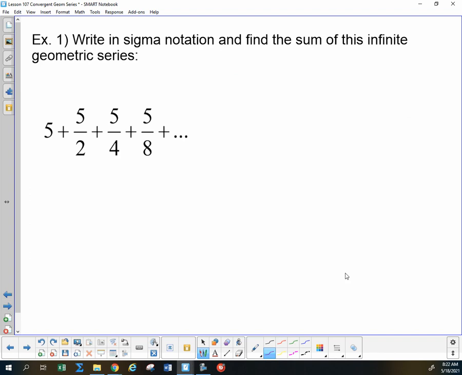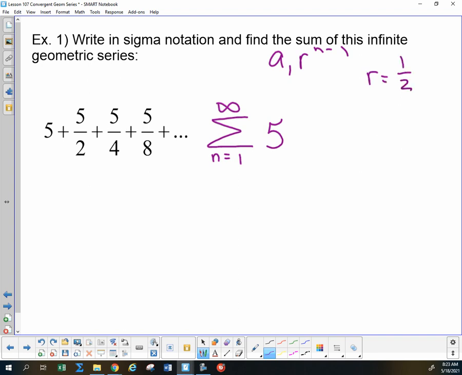So, write in sigma notation and find the sum. So here's sigma notation. I'm going to let n go from 1 to infinity. Geometric or arithmetic? Everybody shout out. Which is it? It is geometric. So first term is 5. What is my r? It is a half.